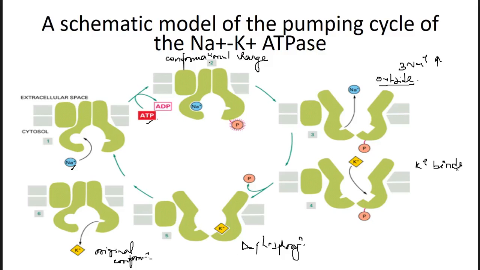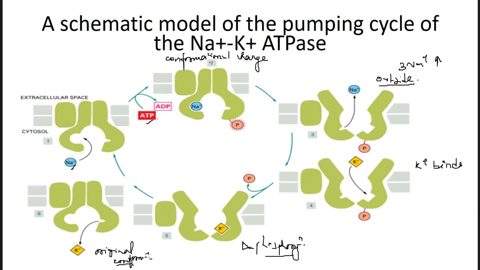There will be the binding of potassium from the extracellular surface, and there will be the dephosphorylation after the potassium binds. Then the protein will return to its original conformation when it transfers the potassium from the extracellular side to the cytosol.